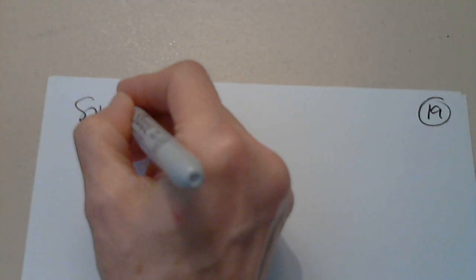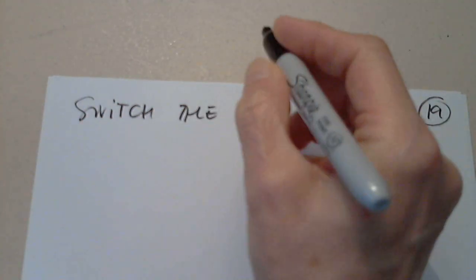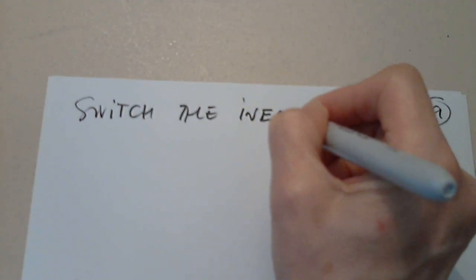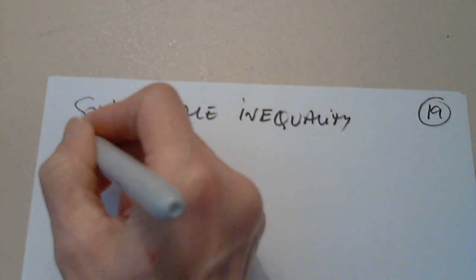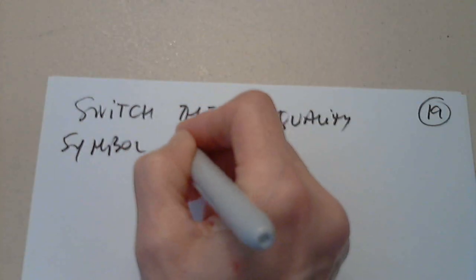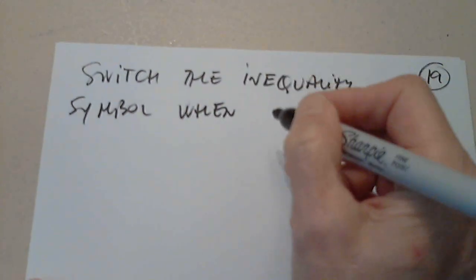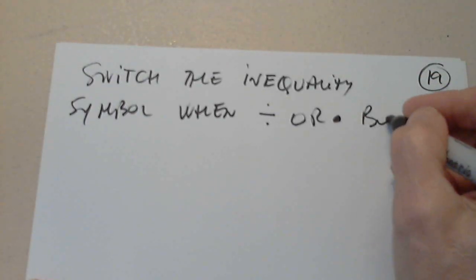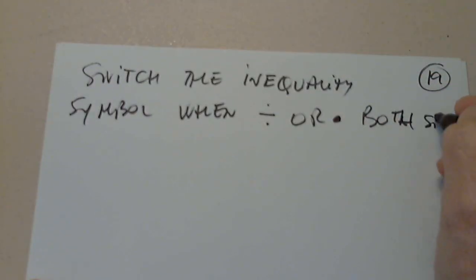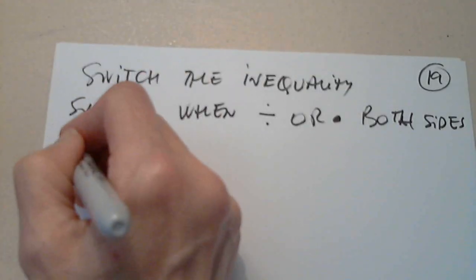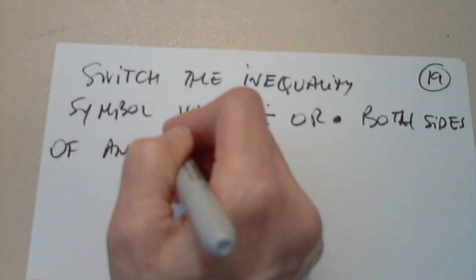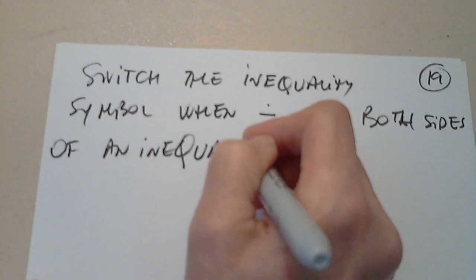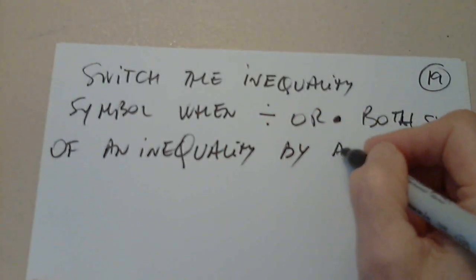So here it is. Switch the inequality symbol when dividing or multiplying both sides of an inequality by a negative number.